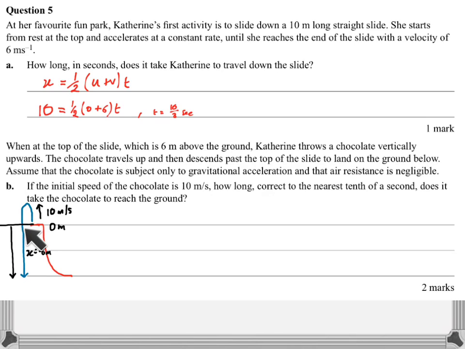So far the displacement is 0. Then we're going down another 6 meters. So it's a negative displacement of 6 meters. Got to remember, x is displacement. It's not a distance, and a displacement is a vector. Very, very important.